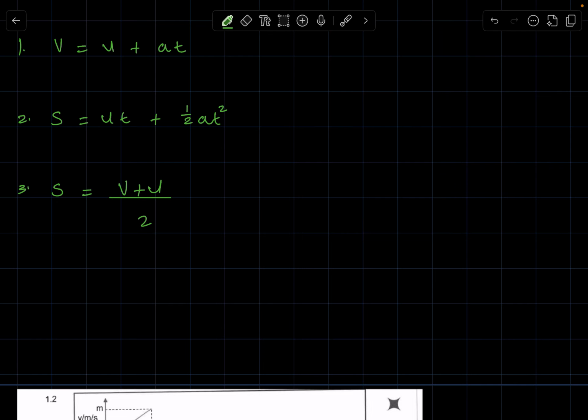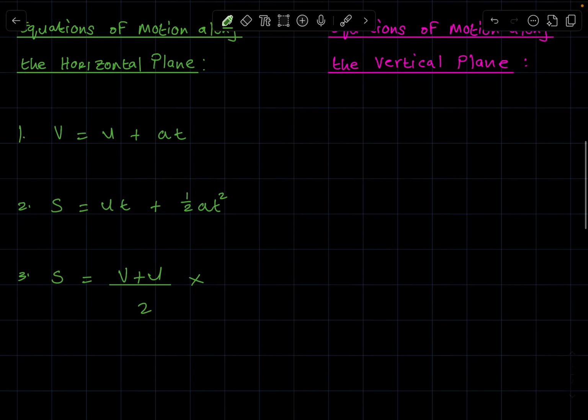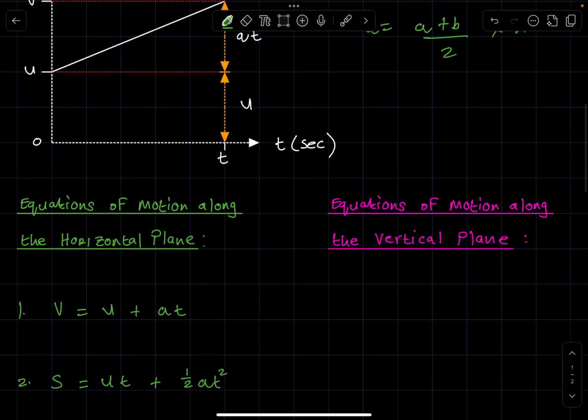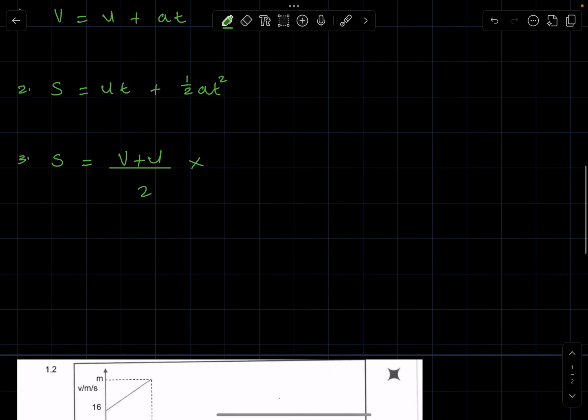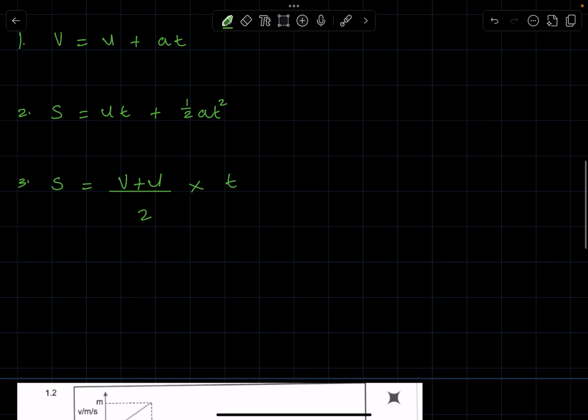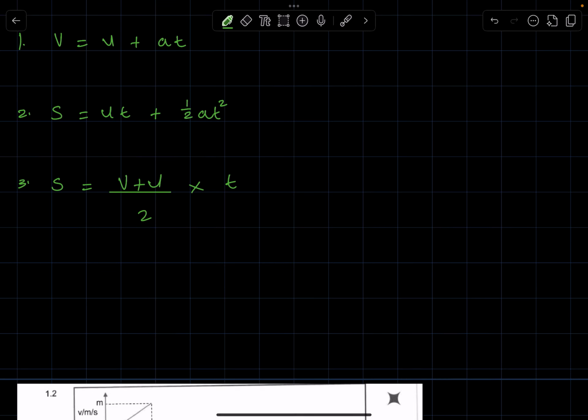So that is (a plus b) over 2 times the height, and the height here is equal to t, so times t. And that is how this equation of motion comes about.